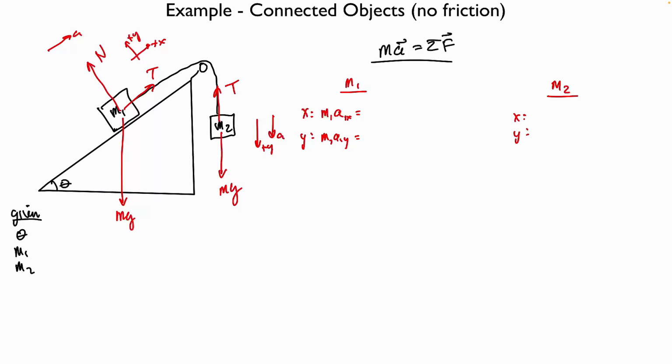Just again, applying this to mass number 1, right? ma. Well, what mass is it? It's mass number 1. What acceleration am I talking about? The acceleration of mass number 1 in the x direction, then again in the y direction. All right. And then over here for the x, I can do m2a2x equals, m2a2y equals.